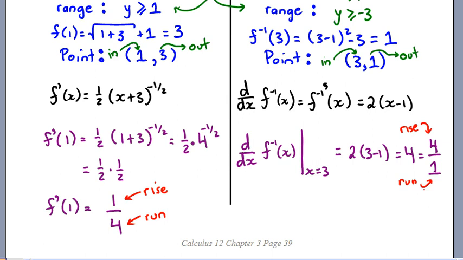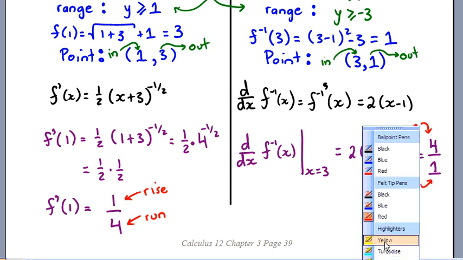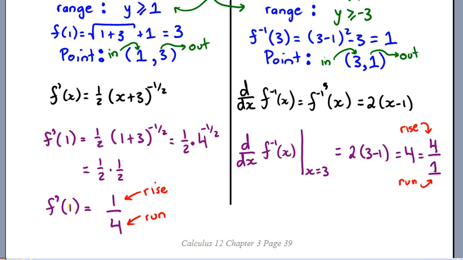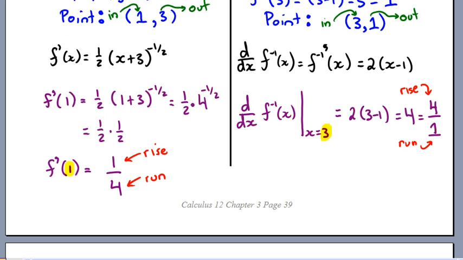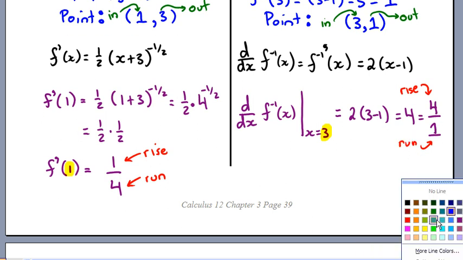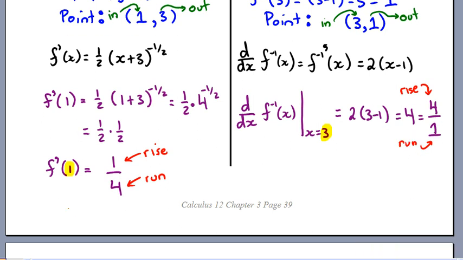This really is the exact same point that we're playing around with. So on this side of the page, let's grab a highlighter here, we're talking about putting 1 in, and then over here, we're talking about putting 3 in. But it really is the same point, even though it looks like we're putting different numbers in. And that's going to be important when we get to the next page.